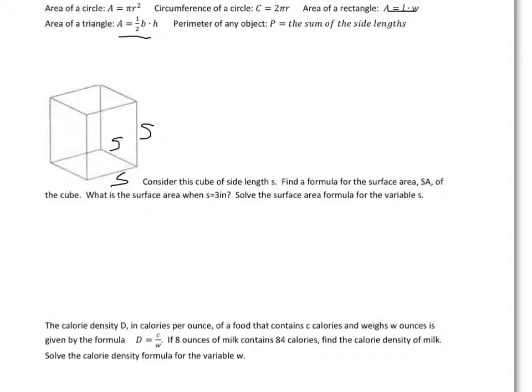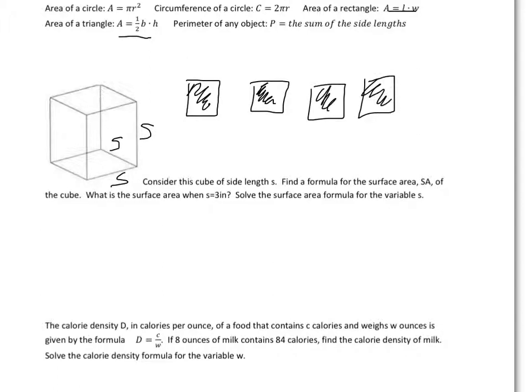When we talk about the surface area, that is the faces of the cube. We want to know how much area there is, and then the question is how many faces this has. There's a front and a back, a left, a right, a top, and a bottom. So there are 6 sides of this cube, and each has the same dimensions, s by s.